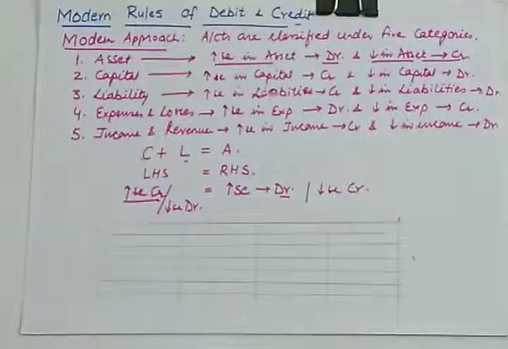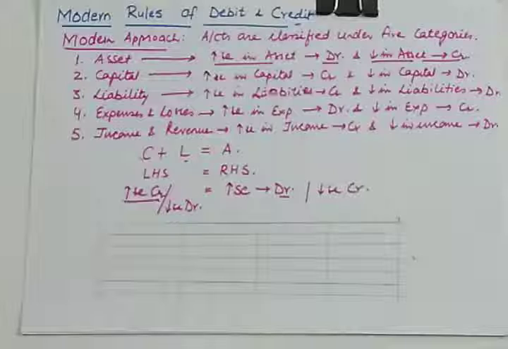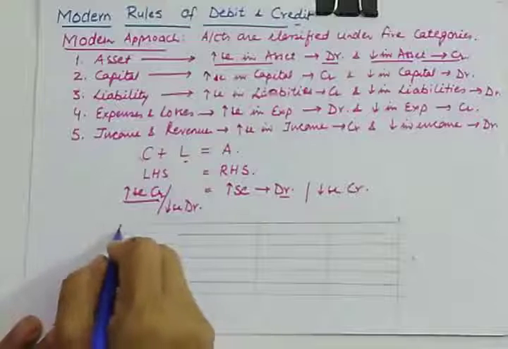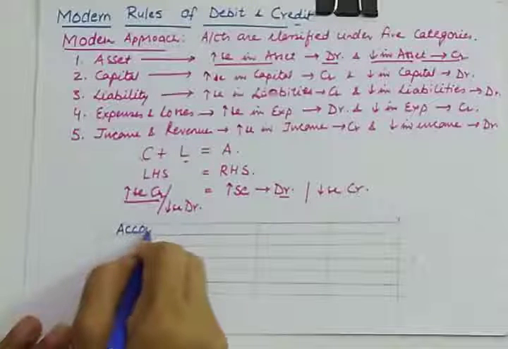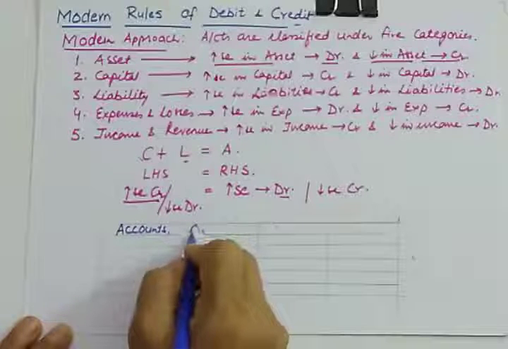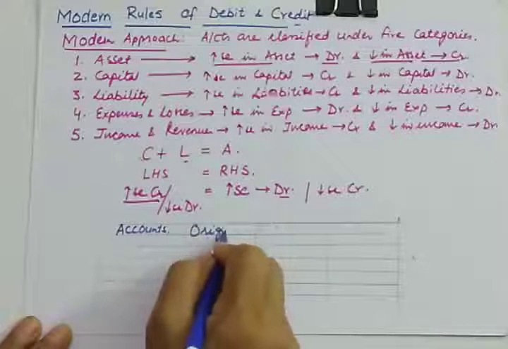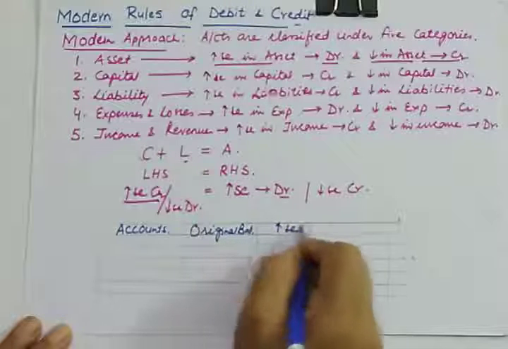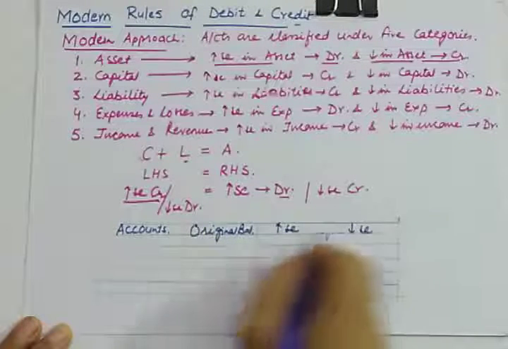Under this, this will be your category of accounts, and this will be their original balance. Original balance, and here increase and decrease.